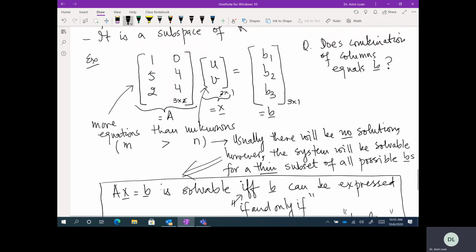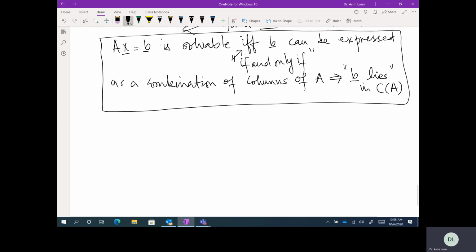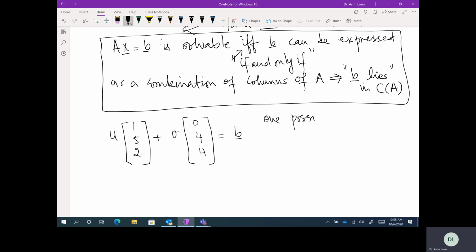So let's look at this one. We know from chapter 1, U will multiply the first column and V is going to multiply the second column. And if I do that, U times [1, 5, 2] plus V times [0, 4, 4] should be equal to B. So one possible B is U equal to 1, V equal to 0, which is the first column, so B is equal to [1, 5, 2].